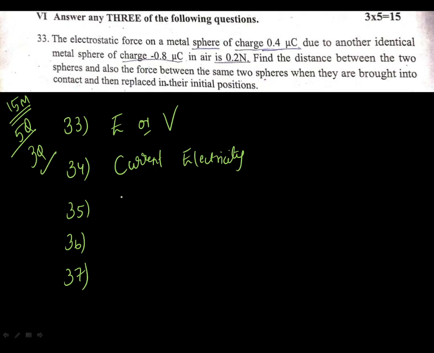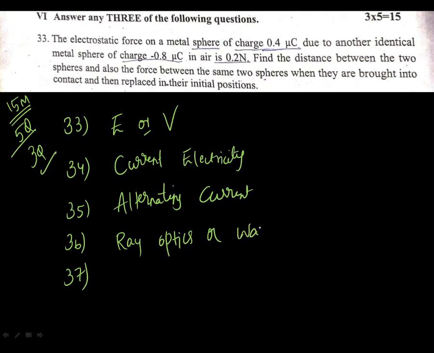Whereas in question number 35, the question is asked from alternating current. Whereas in question number 36, the question is either asked from ray optics or it may be from wave optics.